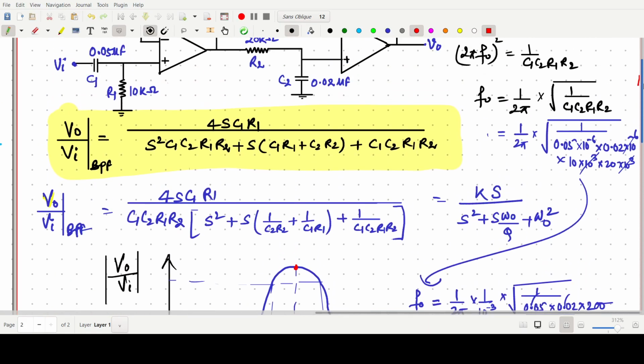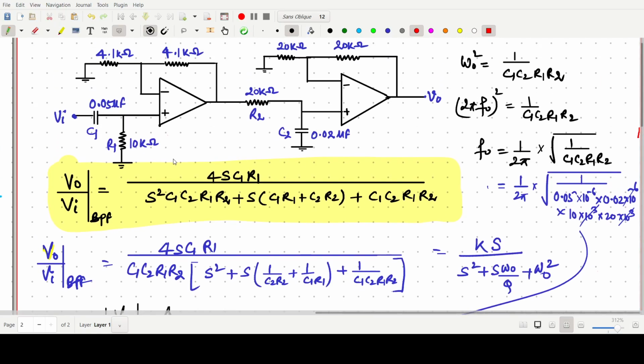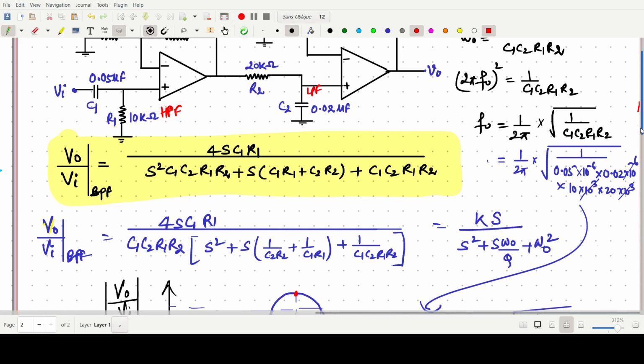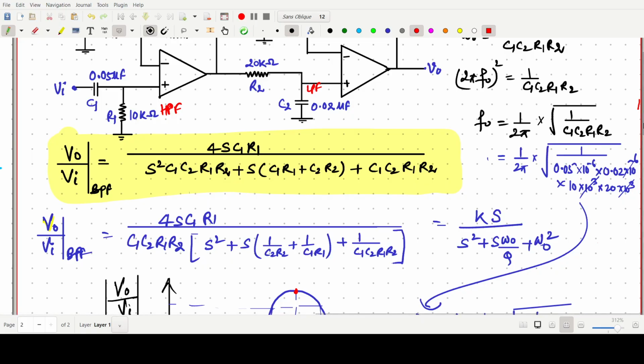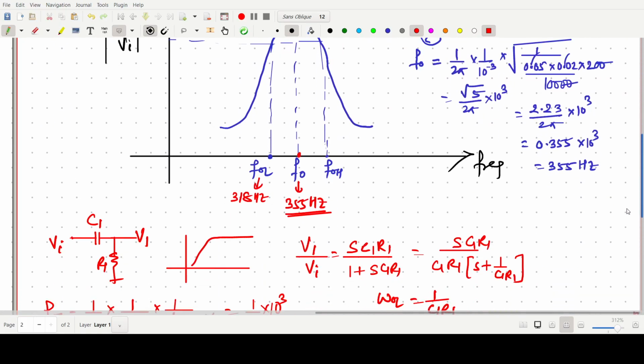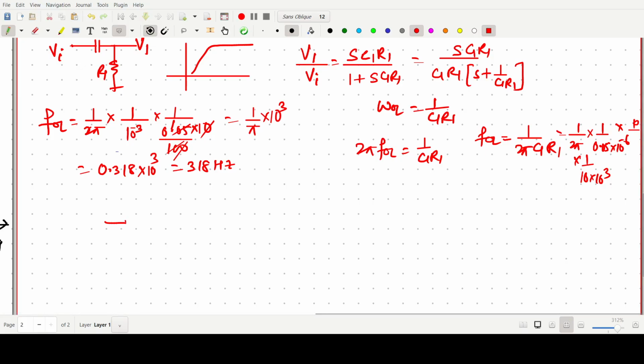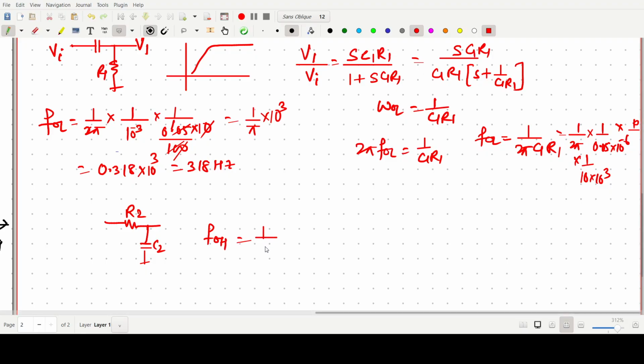Now for the other one, because this part is our high pass filter response, and this one is our low pass filter response. For the low pass, again R and C are there, so we can find it: R2, C2. Similarly, f naught H will be 1 by 2 pi R2 C2.